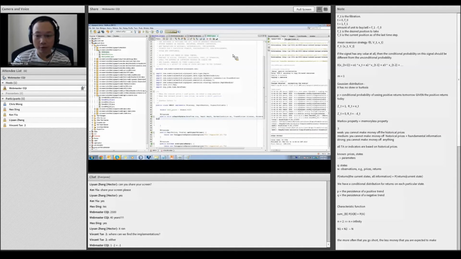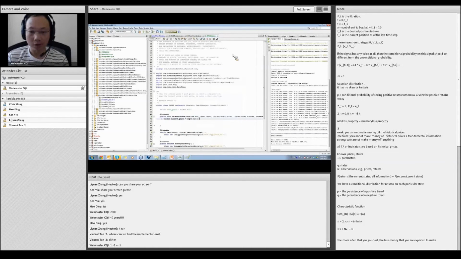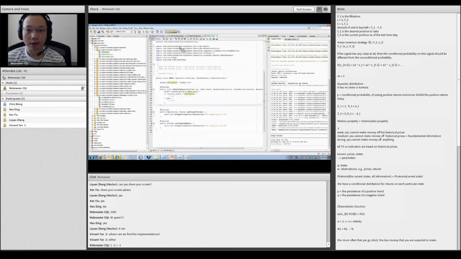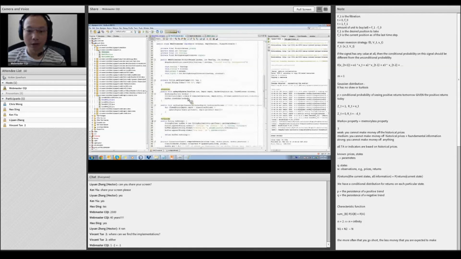So you compute the order, which is null for now, and after you finish computing the order, you send it to the broker for execution. So all you have to do now is fill in the logic here. After that, in your simulator, you can replace this with your strategy.